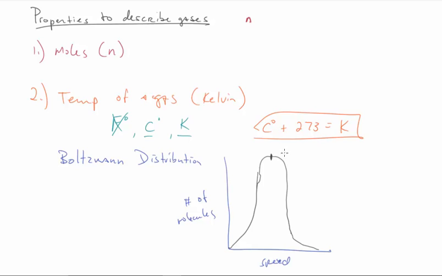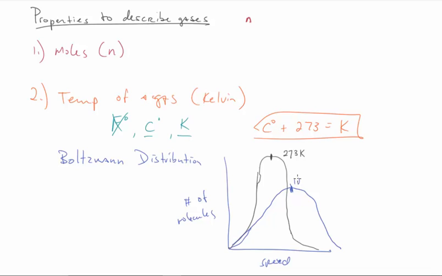So, for example, if this first one was 273 Kelvin, what would they look like if I heat them up? That's the whole heat them up, speed them up. If I change colors here, we'll see that the curves start to flatten out, and the top of the curve is still my average kinetic energy.